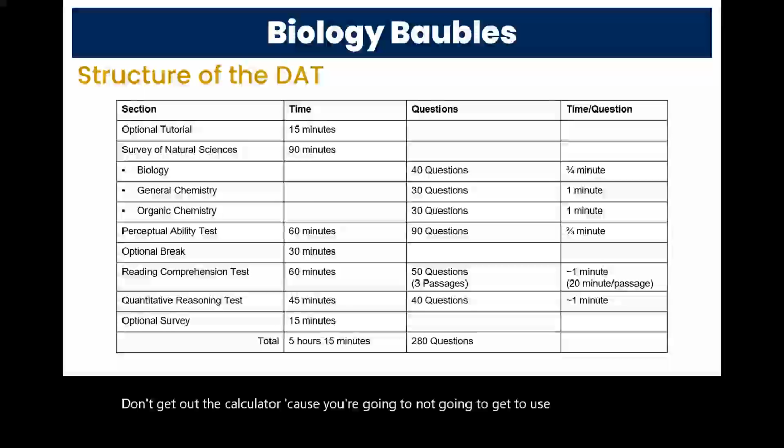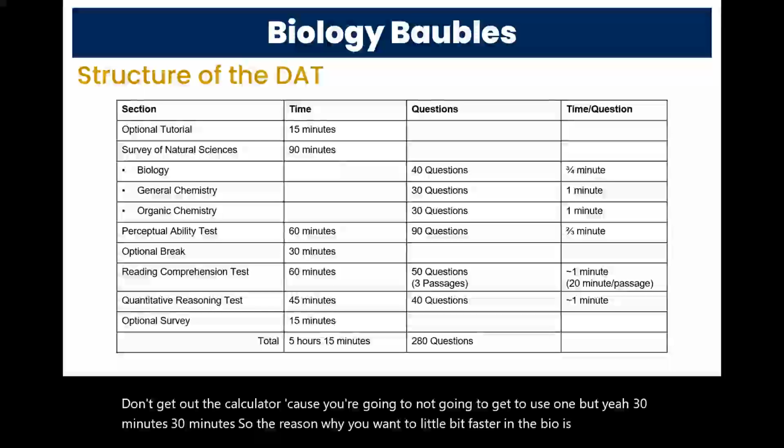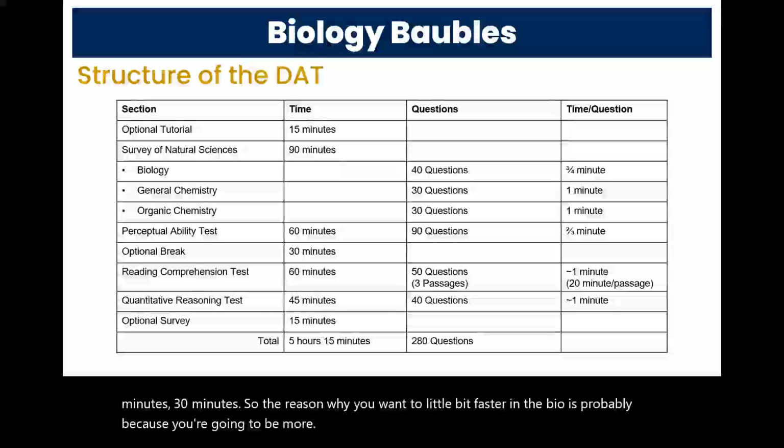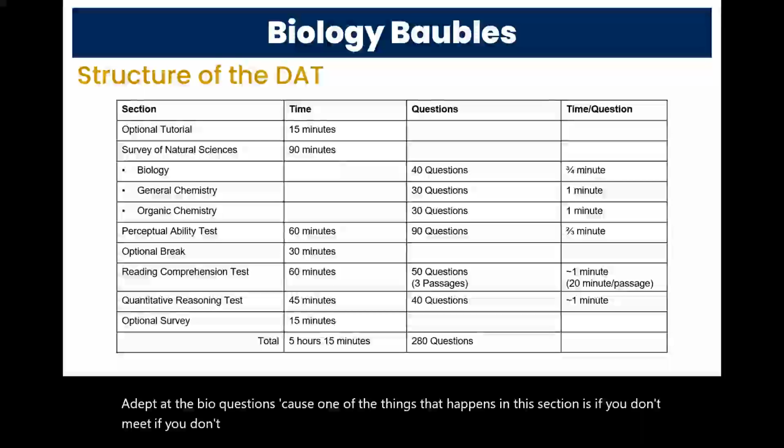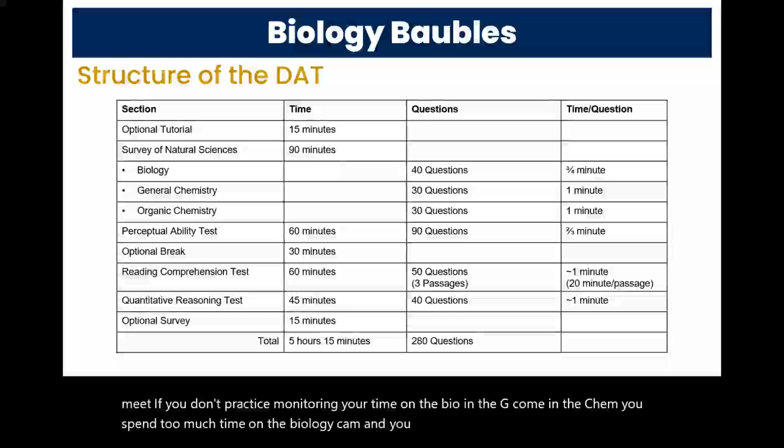But yeah, 30 minutes. So the reason why you want to go a little bit faster in the bio is probably because you're going to be more adept at the bio questions. Because one of the things that happens in this section is if you don't practice monitoring your time on the bio and the GChem and the OChem, you spend too much time on the bio and the GChem and you don't get a chance to finish the OChem.